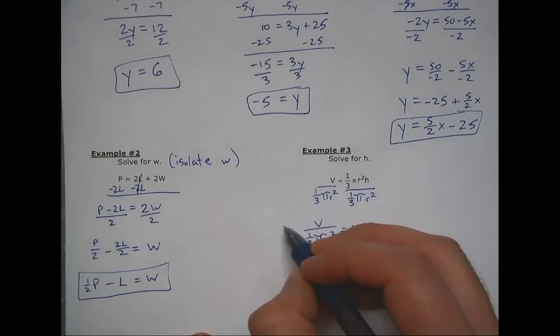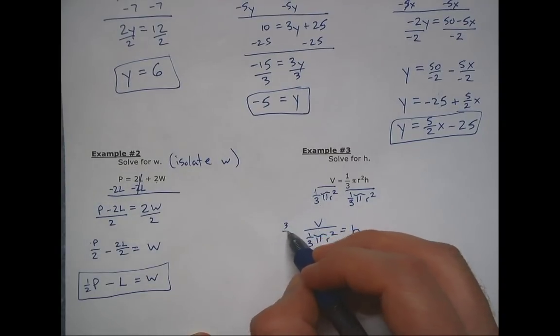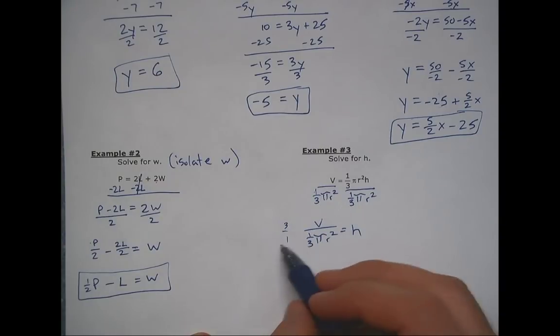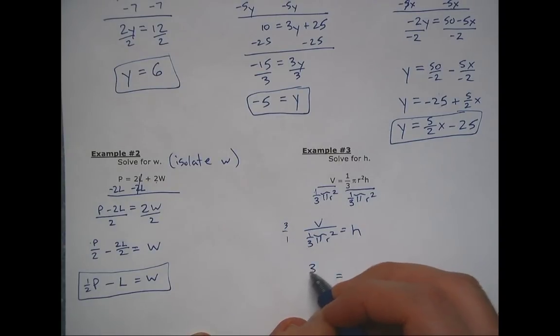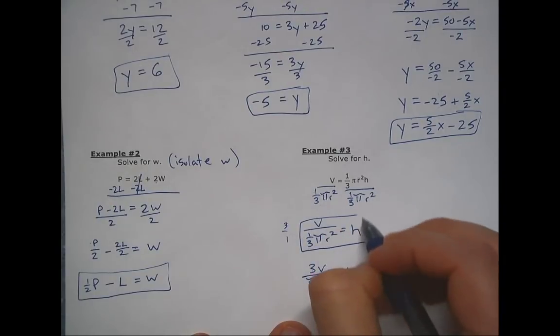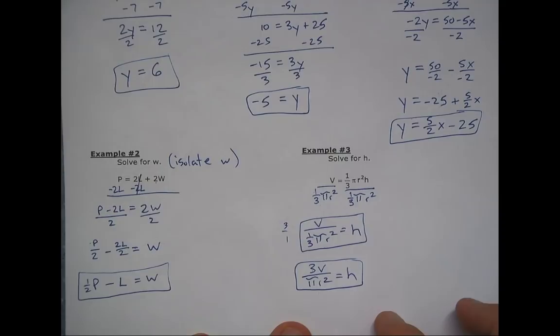What this does is it ends up flipping because you're dividing by it, and the 3/1 puts the 3 up top. So dividing by 1/3 is like multiplying by 3/1. So you actually end up with 3v over pi r squared equals h. But either one of these is fine. So if you don't quite get that jump right there, that's okay.